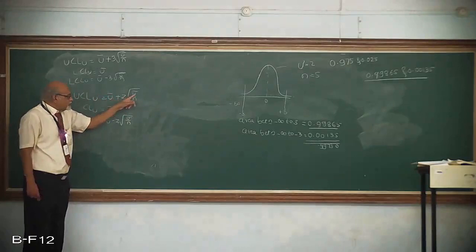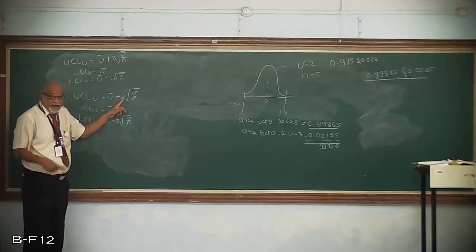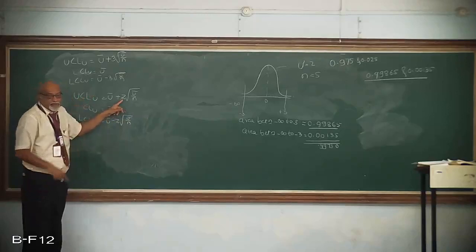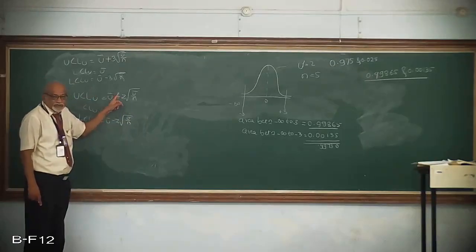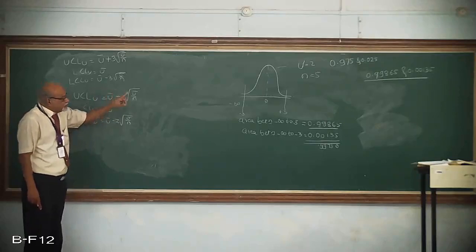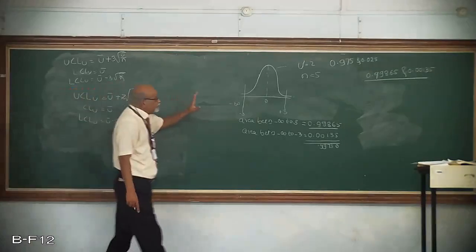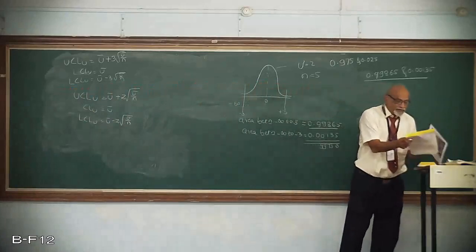U bar is given, n is given, and Z is given indirectly in terms of those probabilities. So we are referring to the normal distribution, because this U chart follows the normal distribution. Is it understood? So let us find out, corresponding to the area 0.975, what is going to be the value of Z?